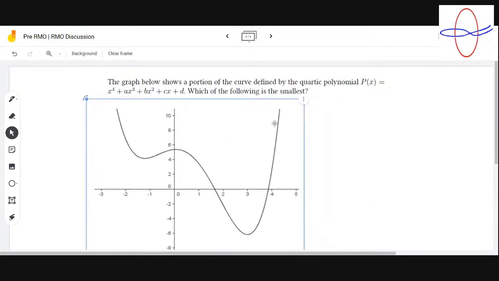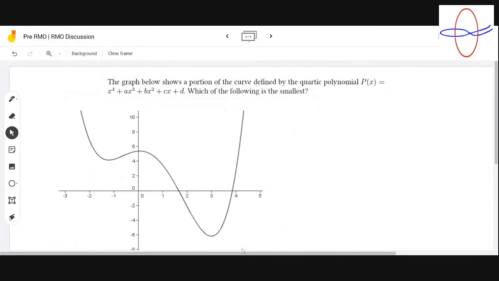Okay. Now I will show you some numbers. You have to tell me which quantities are the following, some quantities out of these quantities, which is the smallest. Okay, that you have to tell me. All of you got a question, guys?